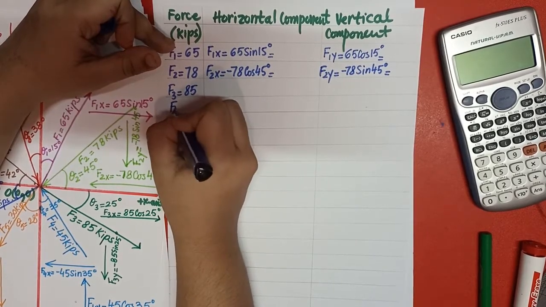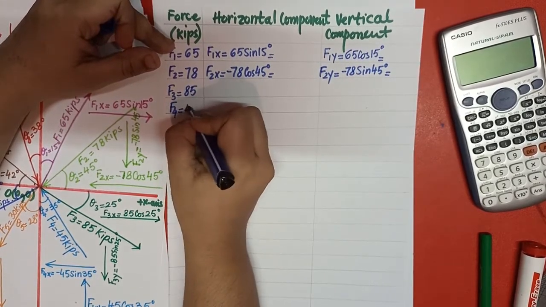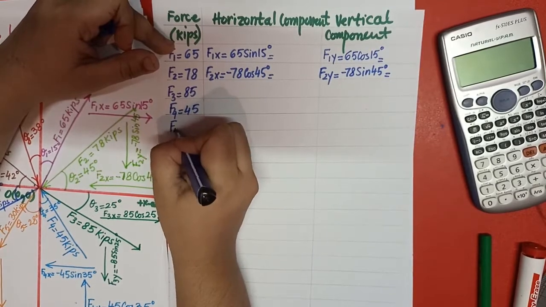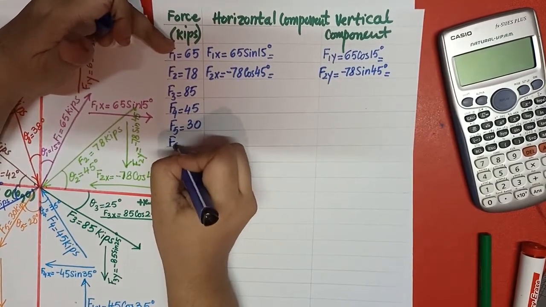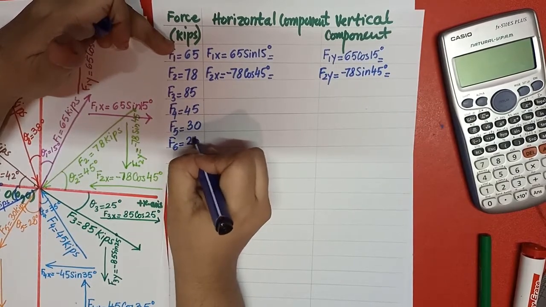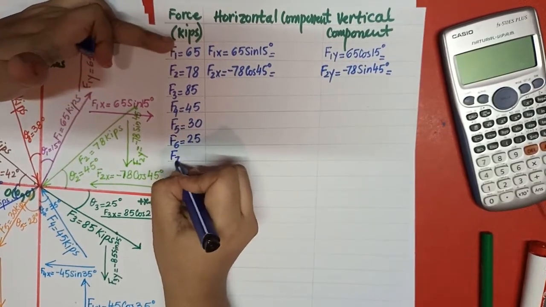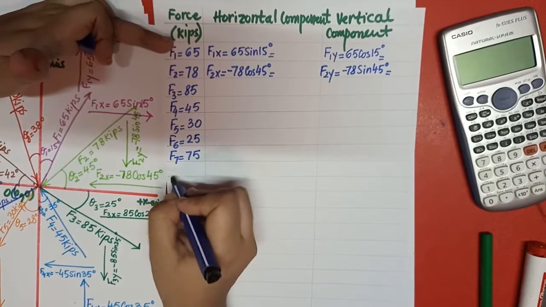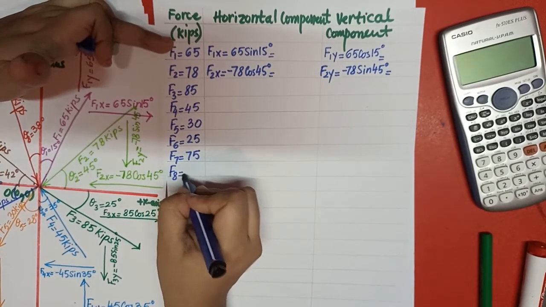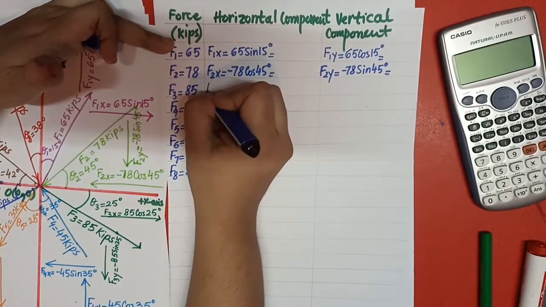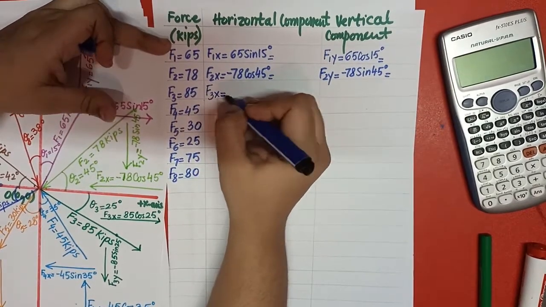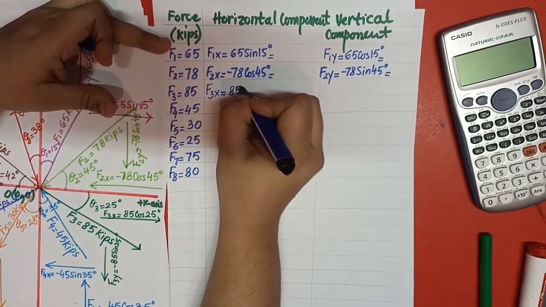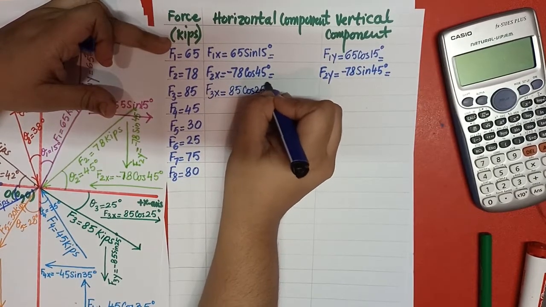85, F4 is equal to 45 kips, F5 is equal to 30 kips, F6 is equal to 25 kips, F7 is equal to 75, F8 is equal to 80 kips. So F3x is equal to how much? It is 85 cos of 25 degrees.